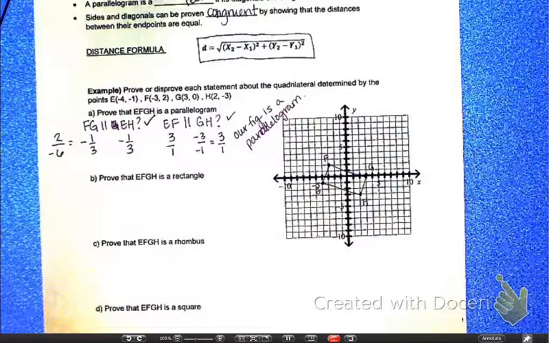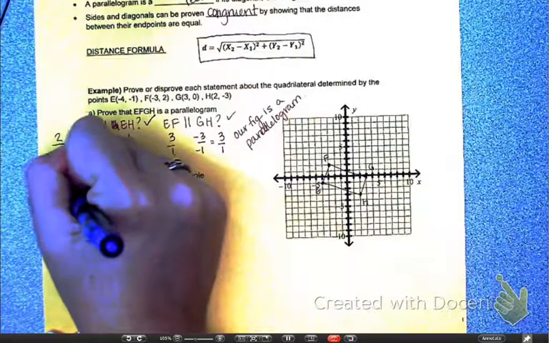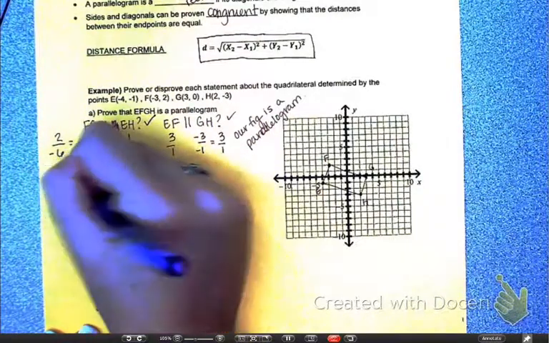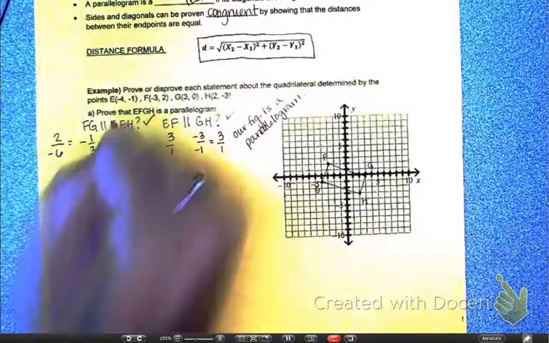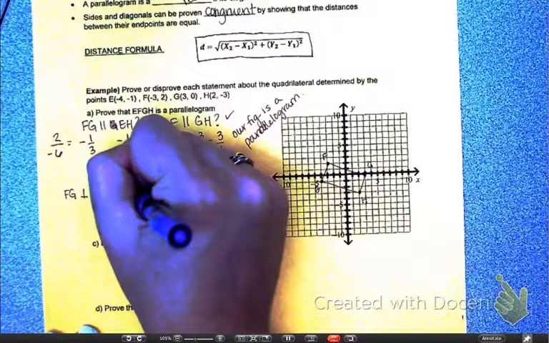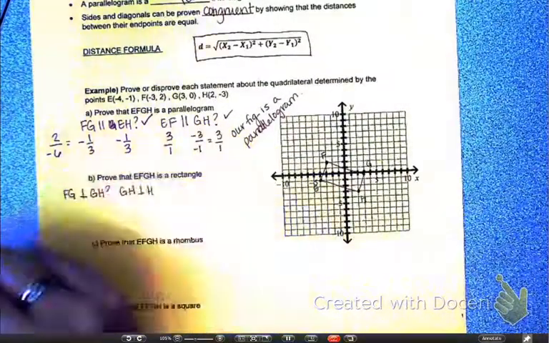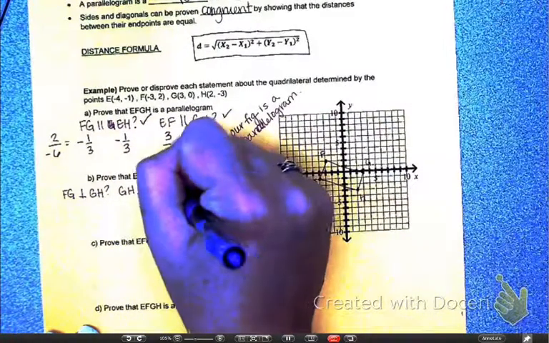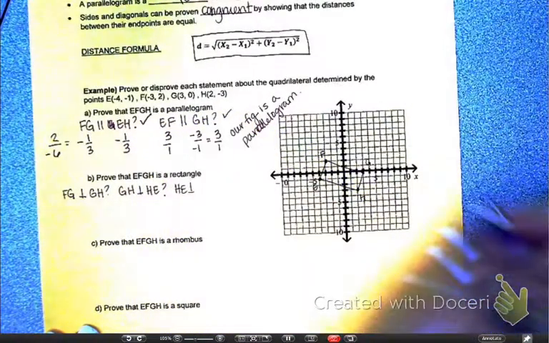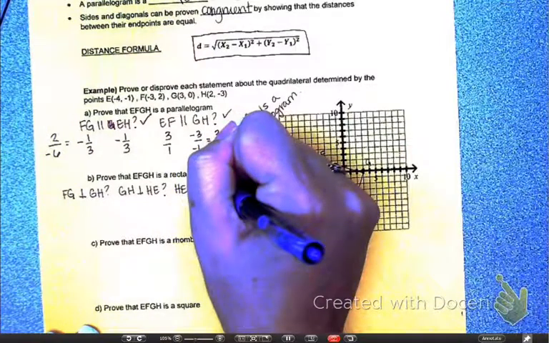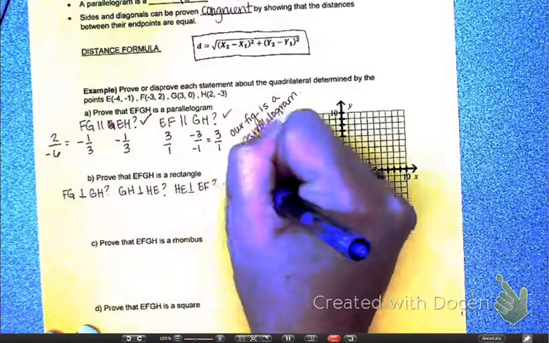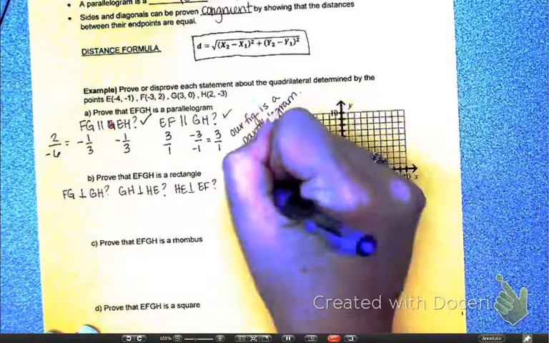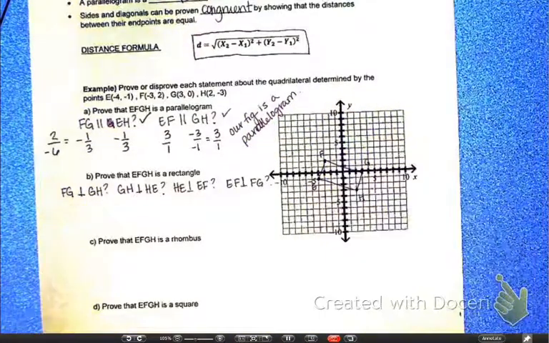Okay, so we need to show that FG is perpendicular to GH. GH is perpendicular to HE. HE is perpendicular to EF, and EF is perpendicular to FG. You need to show that all of those sides create right angles.